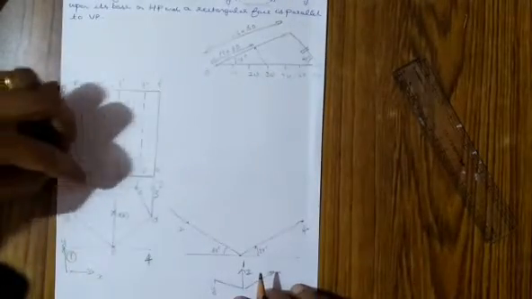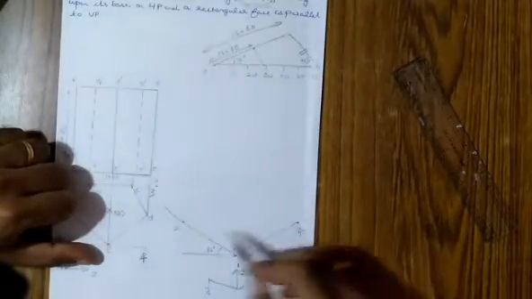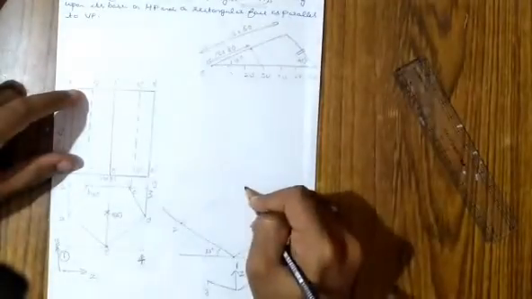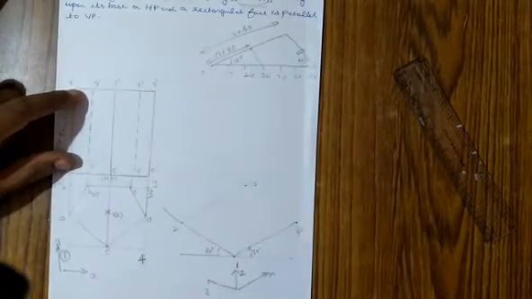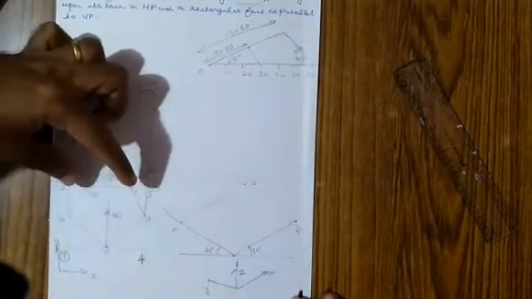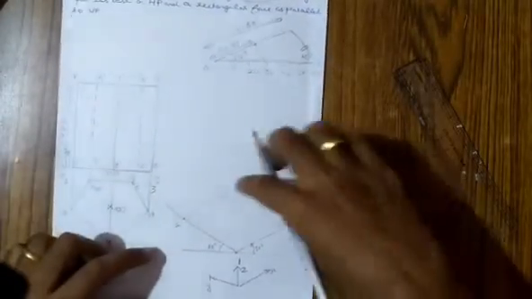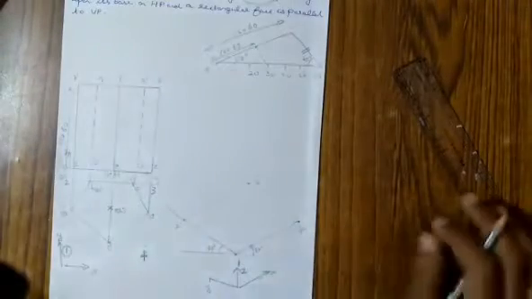Next, from 2 to 3, from 2 you draw a line parallel to this, and through 4 you draw a line parallel to Y. So this will be your point 3. That will automatically be your point 3, or otherwise you can take this distance 2, 3 and cut an arc over here, and take 3, 4 and cut an arc over here. It's going to be the same point only. So this is the bottom base.